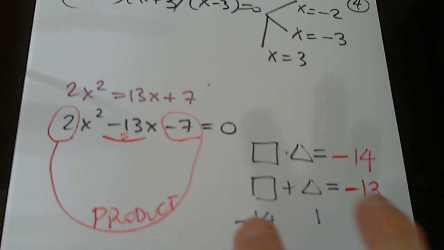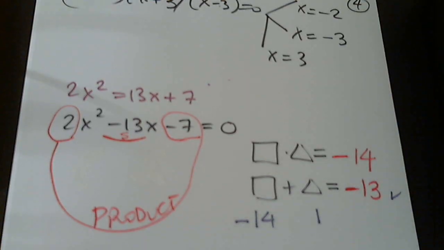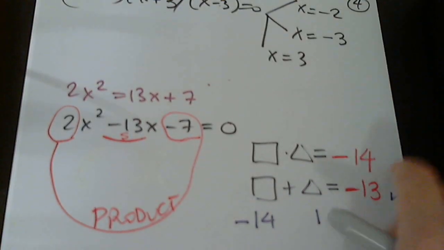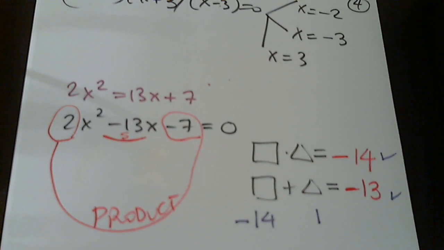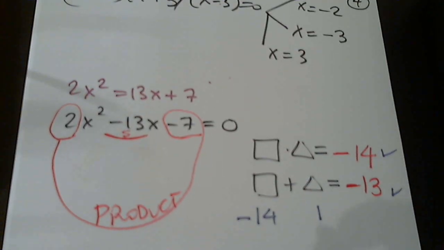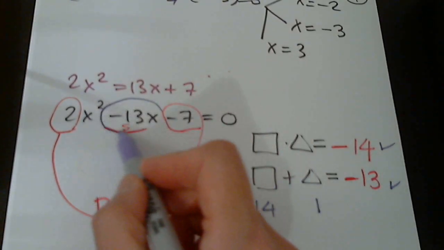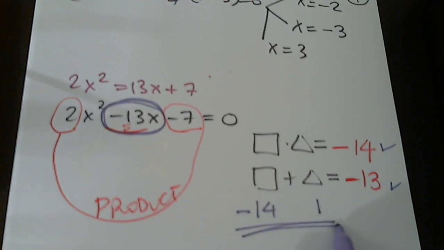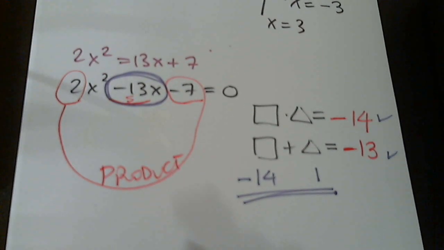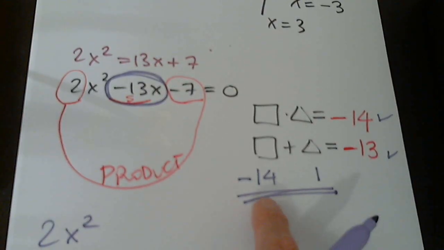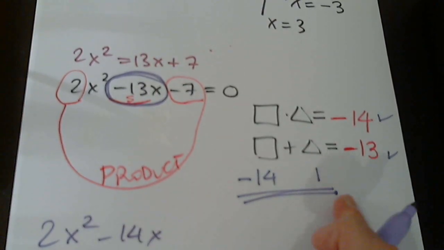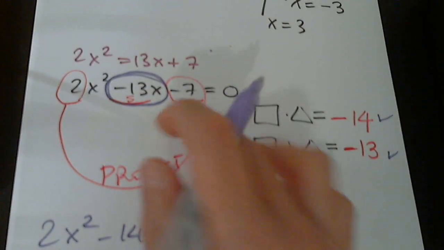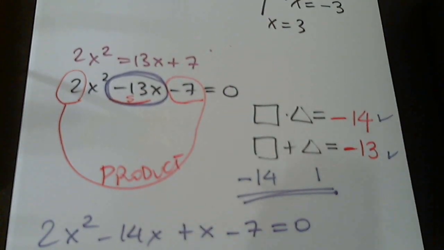Exactly. Negative 14 plus 1 is negative 13. Negative 14 times 1 is negative 14. Correct. What we need to do now is replace the middle term using the numbers you just gave us. So 2x squared minus 14x plus x minus 7 equals 0.